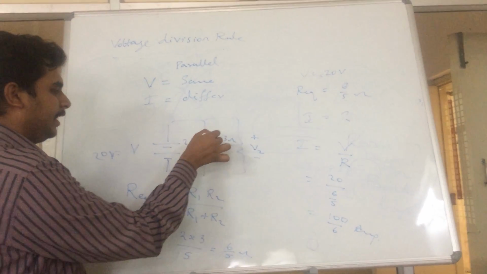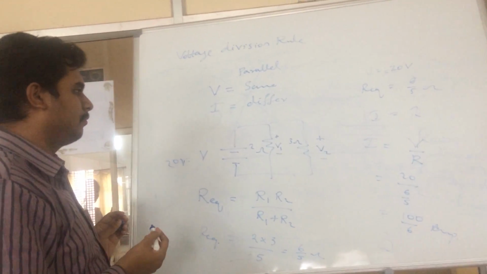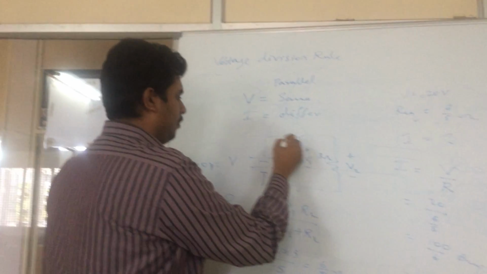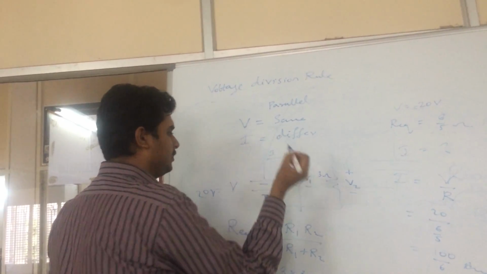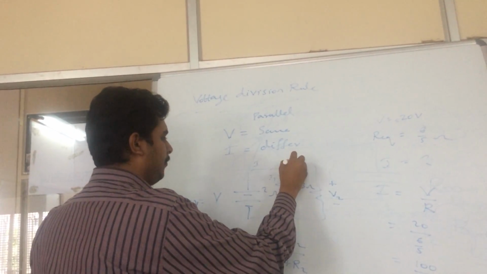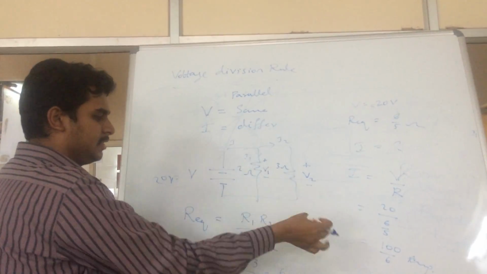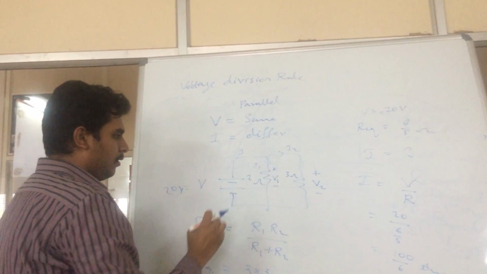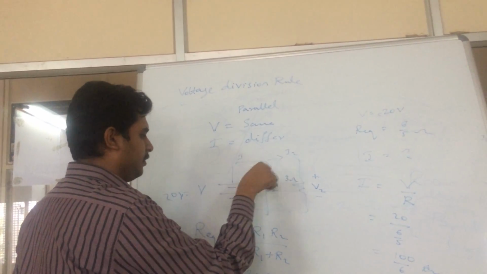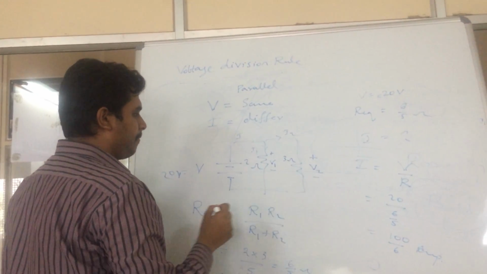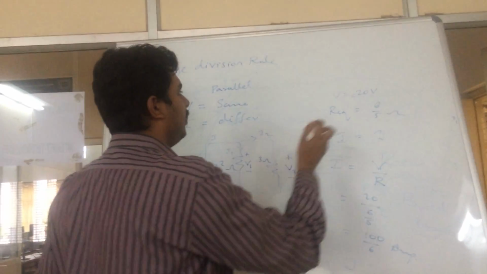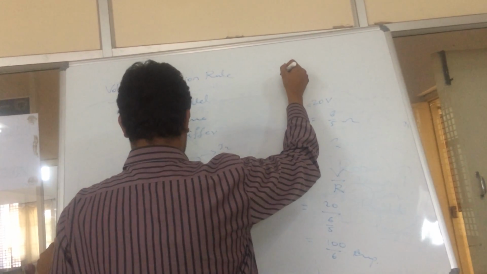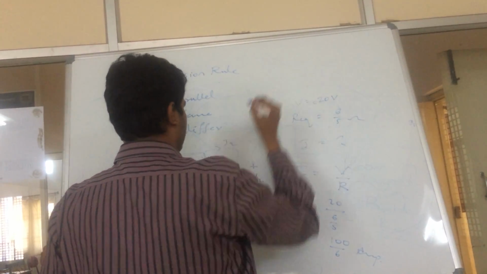To calculate the individual drop in voltage, let us take the direction of current like this: I, then I1 here, then I2 here. The total current is 100 by 6. I need to calculate the voltage across this resistor and that resistor.